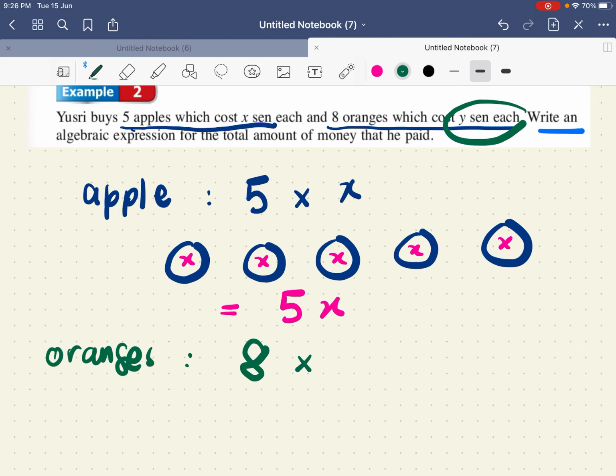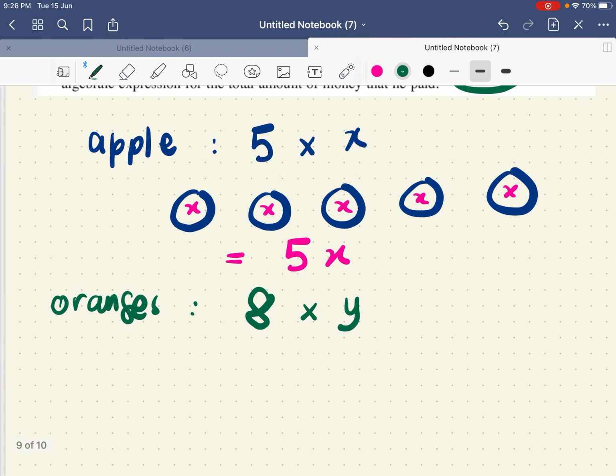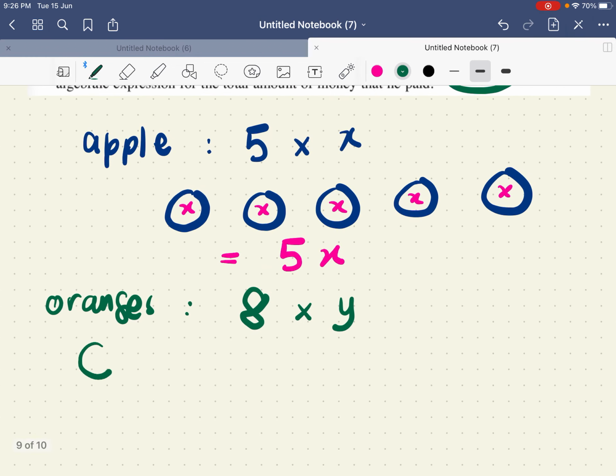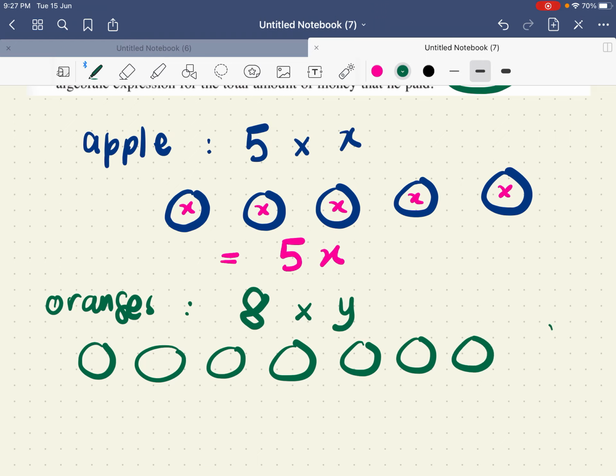So, darab je sebab ada 8 biji oren. 1, 2, 3, 4, 5, 6, 7, 8. Awak jawab ni tak payah lukis lah. Ni saya nak bagi faham. So, that is why dia ada 8Y.